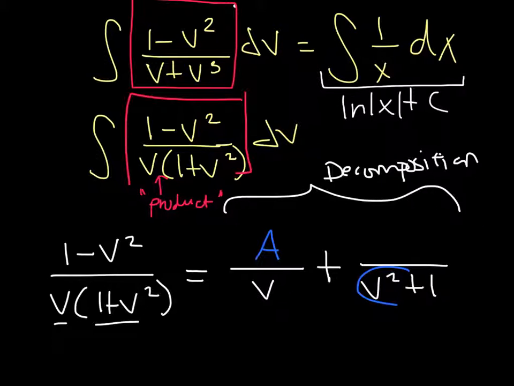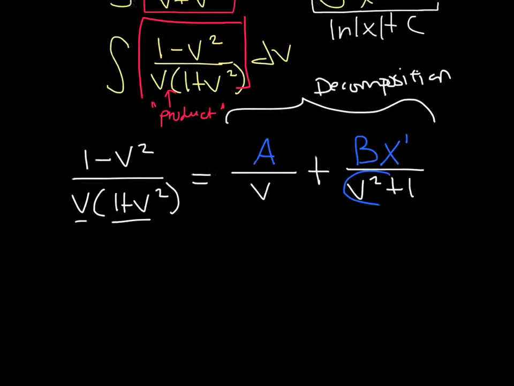The factor in the numerator has to be 1 less degree than the factor in the denominator. So 1 less than 2 is a 1. So I'm just going to write Bv plus C, right? Because there's a 1 here.